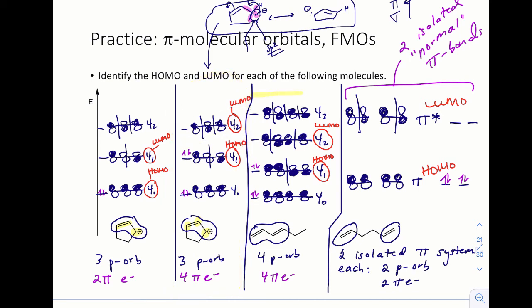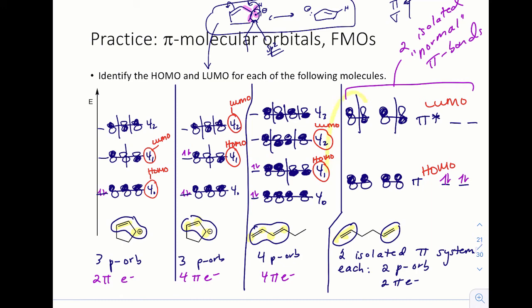Let's take a look now at the third example. The third example involves 4 p orbitals, 1, 2, 3, 4, and 4 pi electrons. This is the typical butadiene system that we've been discussing today. Our last example involves 2 isolated pi systems.